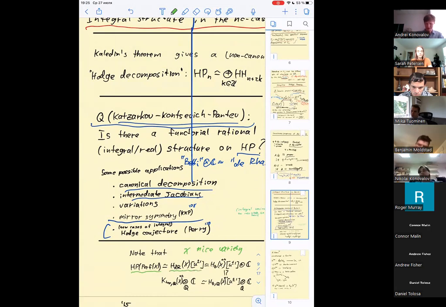So you just take HP0, which is the sum of all even de Rham cohomology groups, and HP1 is the sum of all odd-dimensional de Rham cohomology groups, and so on.